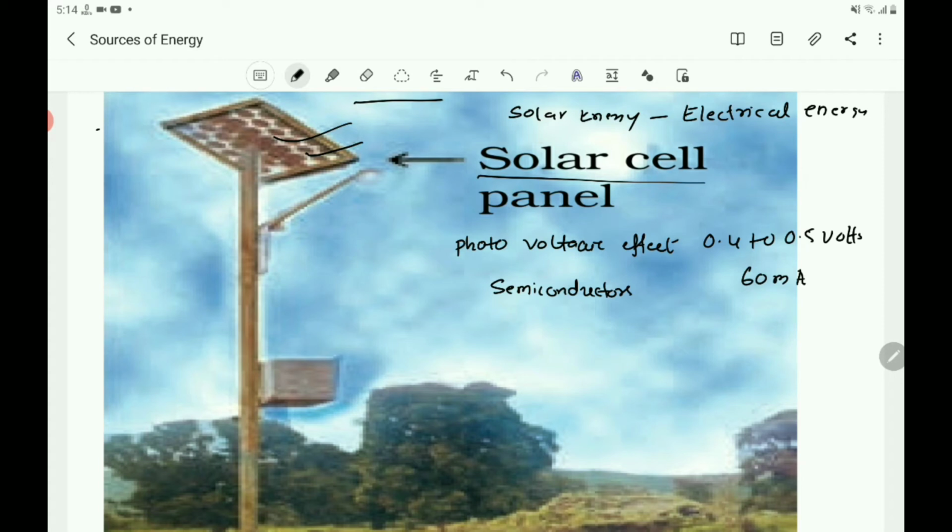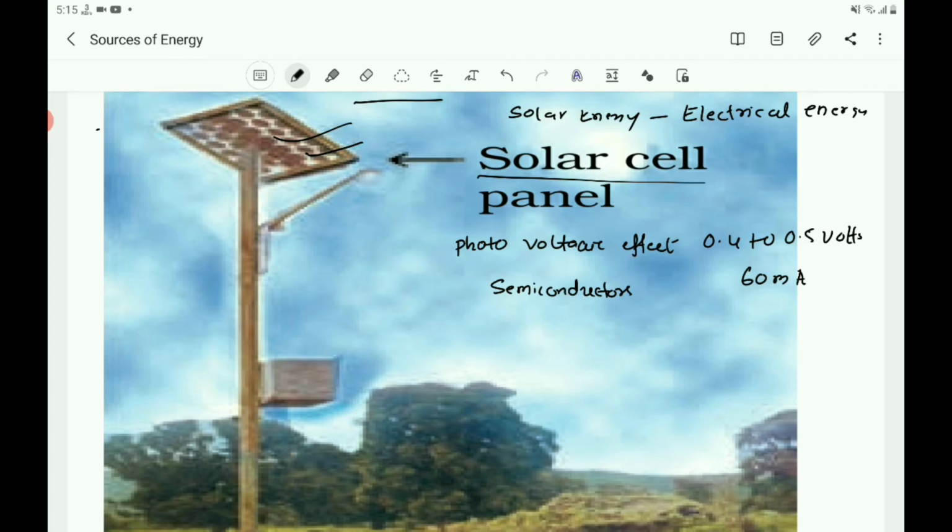This is too small for running devices like street lighting, radio and television in remote areas. Therefore, a large number of solar cells are joined together in a particular manner by using connecting wires made of silver. This produces a large amount of electrical energy at any desired voltage.